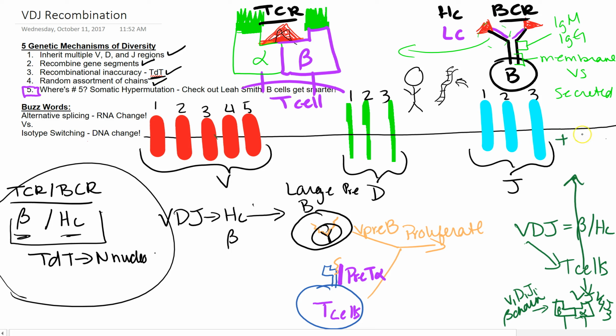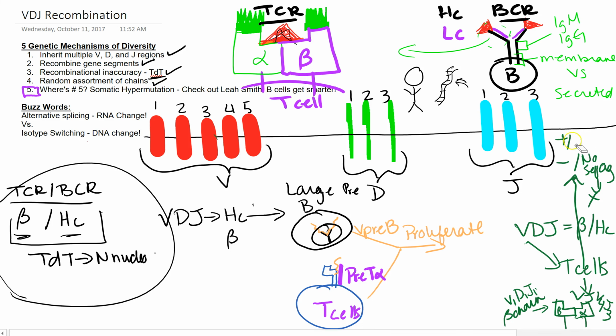Positive selection, remember, is it needs to see MHC. Negative selection is it can't see self-antigen. If it recognizes self-antigen, it dies. If it can't see MHC, it'll die. And that's it. That's the whole show with T cells. They're pretty simple. Everybody look at that because I'm about to erase it.